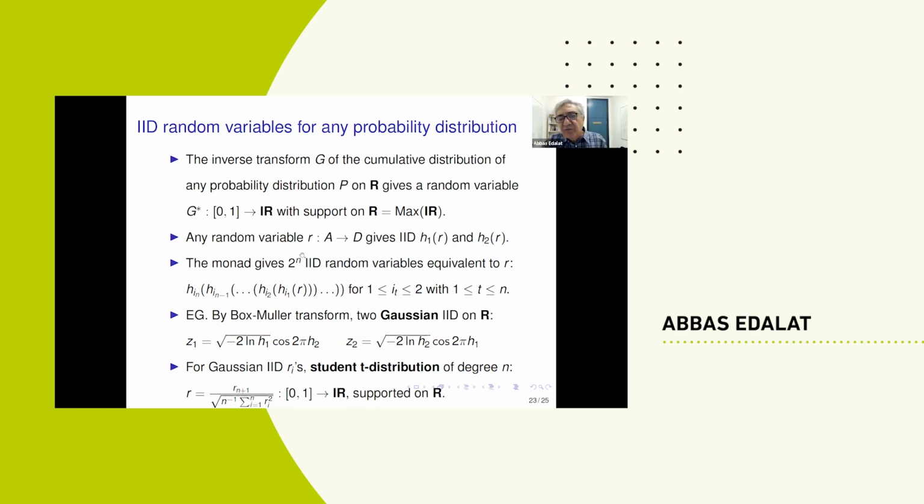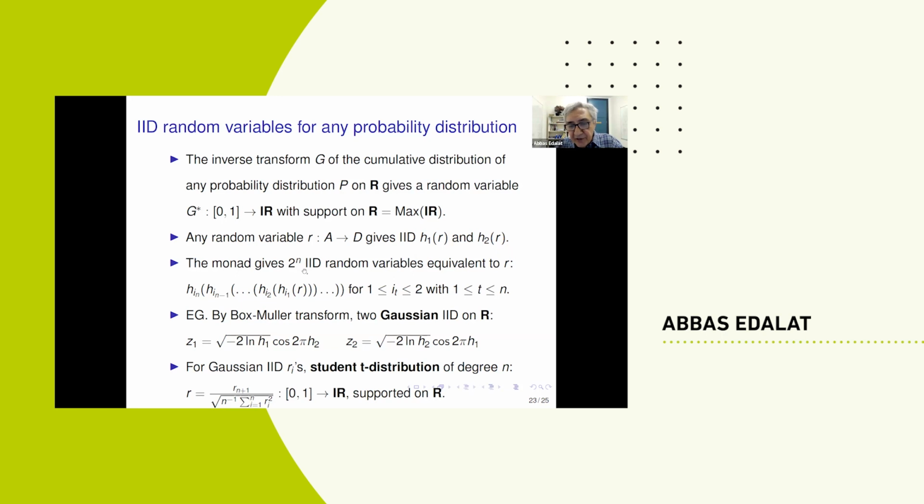And from any random variable on any Scott domain, D, we can get independent, identically distributed random variables R∘H1 and R∘H2. H1 and H2 are the two components of the monad. So by using the two components of the monad and evaluating the random variable on them, we get two versions of the same random variable.